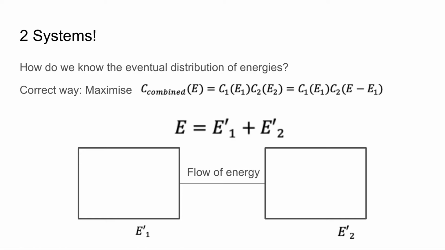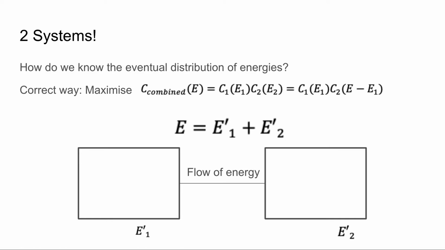Remember what we said previously about the probability of a certain macrostate being proportional to the number of microstates associated with it. So the combined number of microstates is just the product of the first system and the second system, and basically we want to maximize this function.